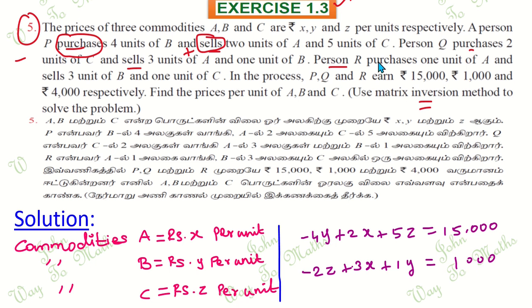Then third one, R purchases 1 unit of A, so minus 1 unit from A, which means X. Next, sales means positive, so plus 3 units of B, which is 3Y, then plus 1 unit of C, which is Z, is equal to the amount 4,000.